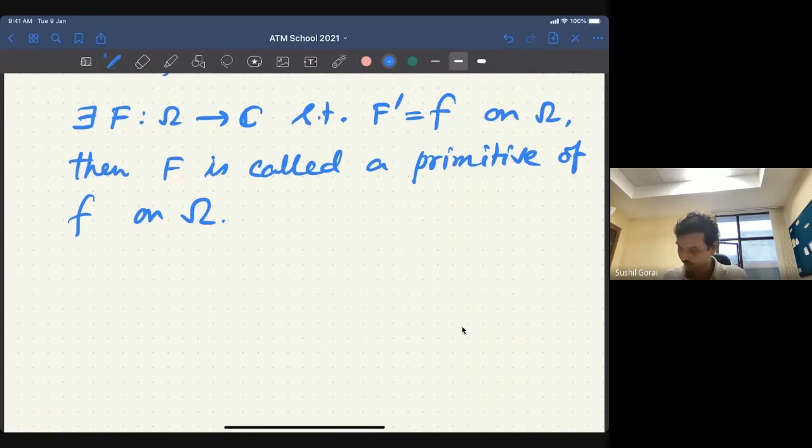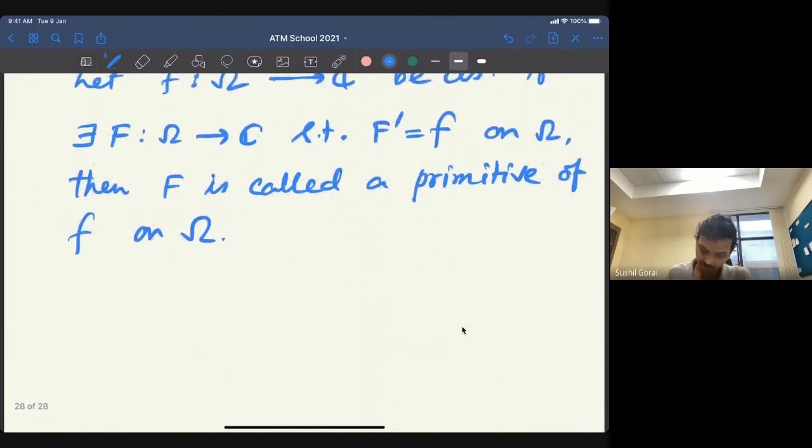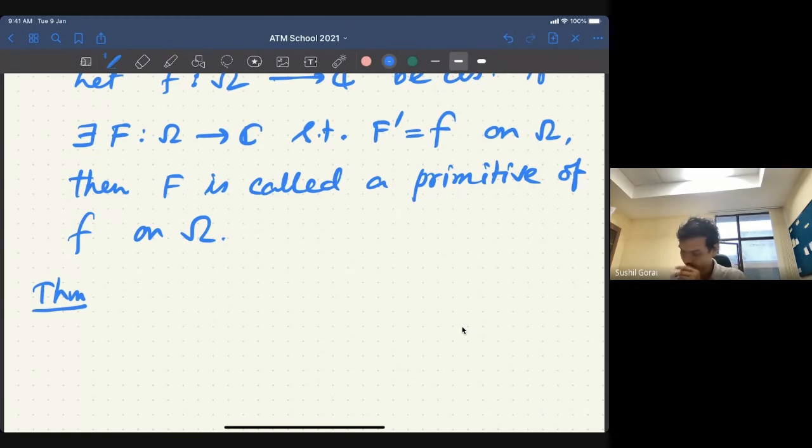Okay, so what we proved here, let me state in the form of a theorem. What did we prove? We proved that if the integral is dependent only on the endpoints, then we have a primitive.